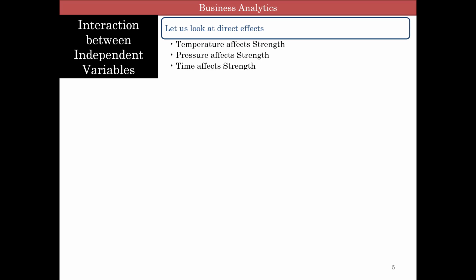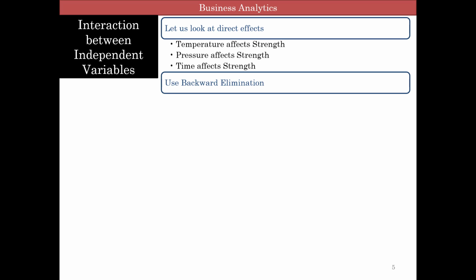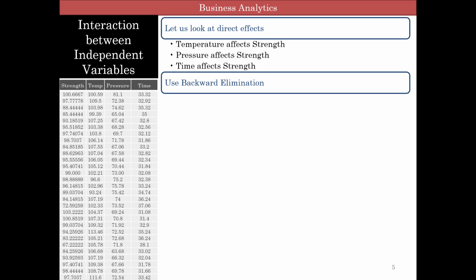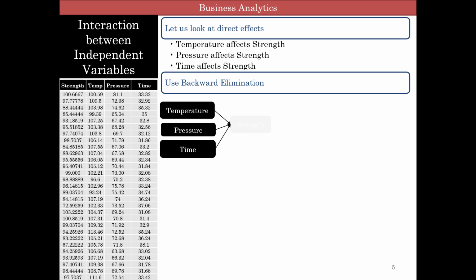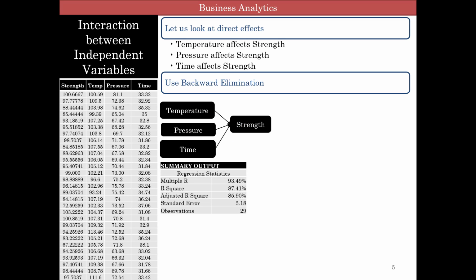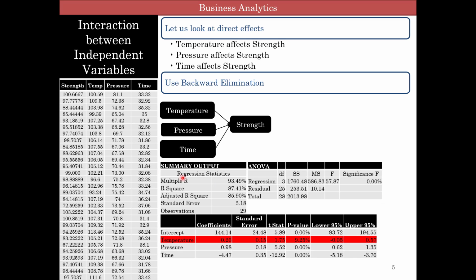And so when we look at direct effects, we're saying temperature affects strength, pressure affects strength, time affects strength. Let's run it like a normal regression just to see what's happening. Here we are saying temperature, pressure, and time affect strength. We're running the multiple regression, and we get an adjusted R square of 85.9%, and standard error is 3.18, whatever the units of strength are.